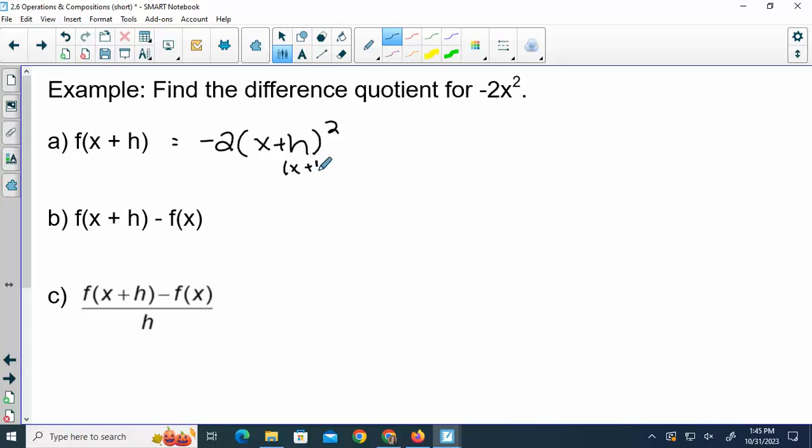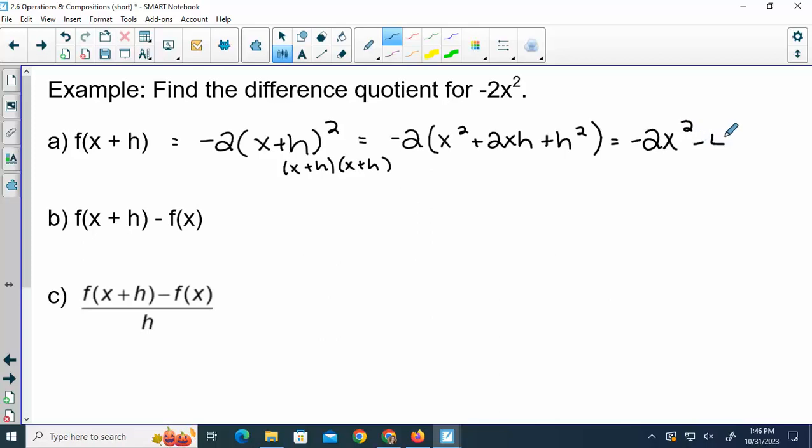It means x plus h times x plus h, so you have to FOIL it. We have negative 2 times x squared plus xh and plus xh will be 2xh, plus h squared. So I can distribute my negative 2. So I get negative 2x squared minus 4xh minus 2h squared.